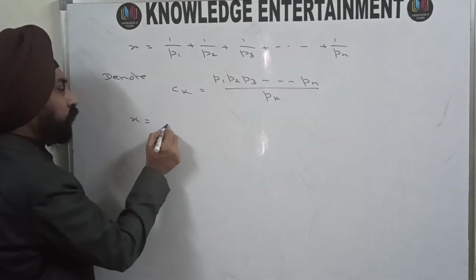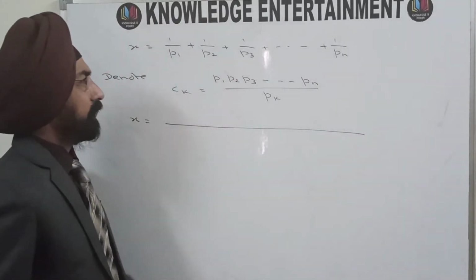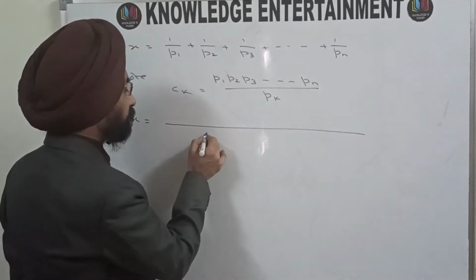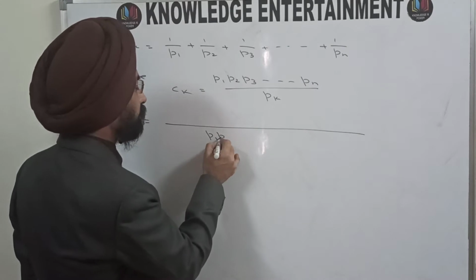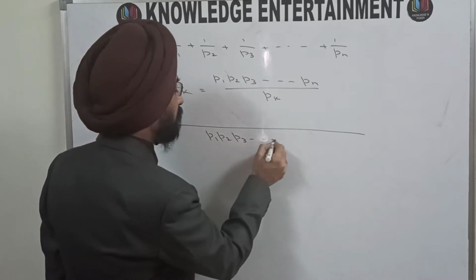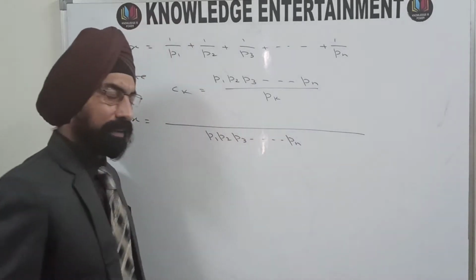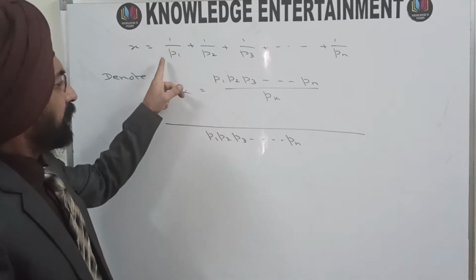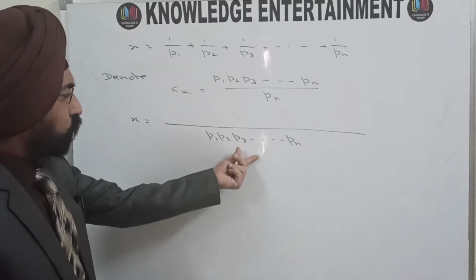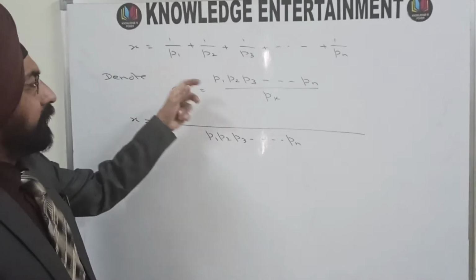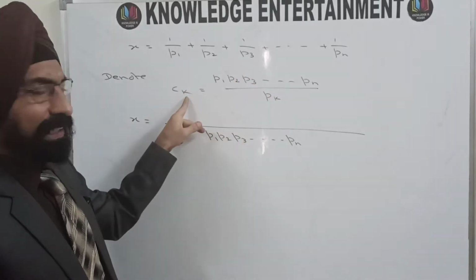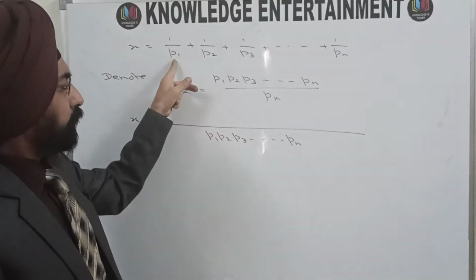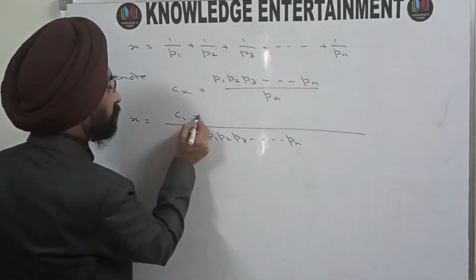If you see carefully, the LCM will be here P1, P2, P3 and so on Pn. What will be the first term? This will be this quantity divided by P1. This quantity divided by Pk is Ck. So this quantity divided by P1 will be C1.